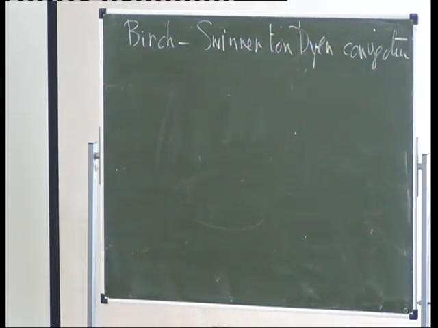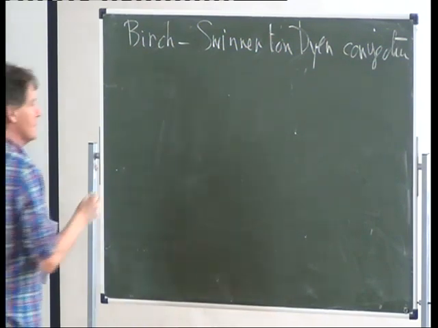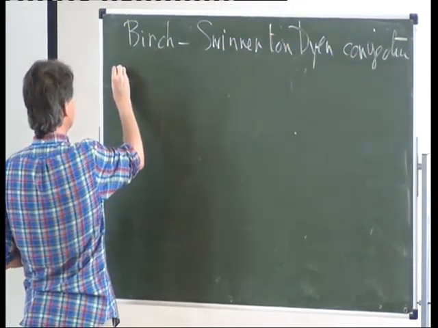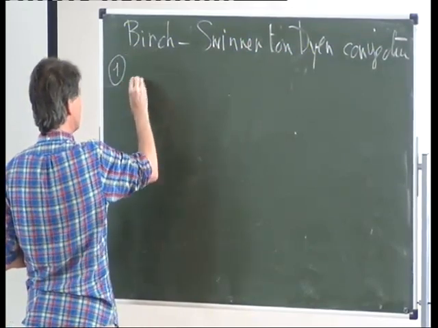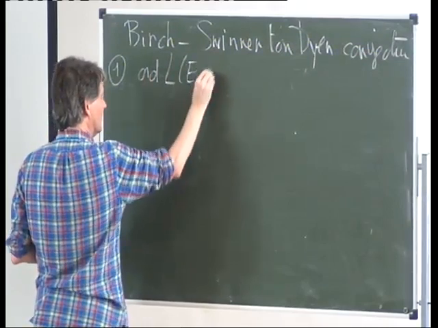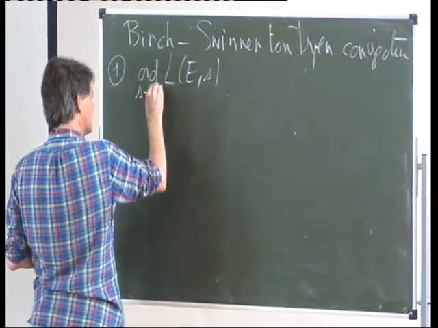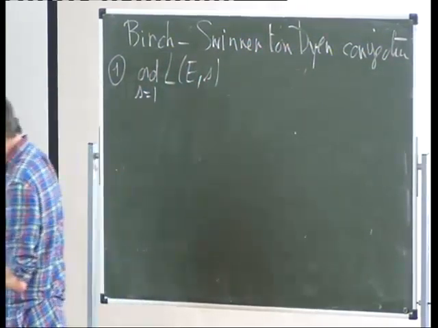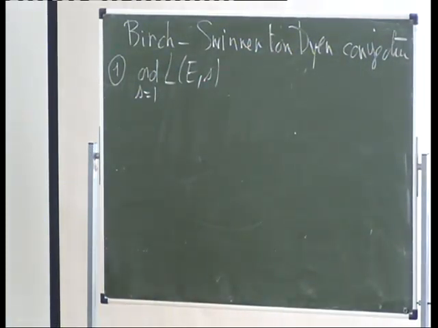You can formulate it for abelian varieties over a number field, but there are two parts. The first part is that the order of vanishing at s equals 1 is the rank. So you notice that you again have the philosophy here.